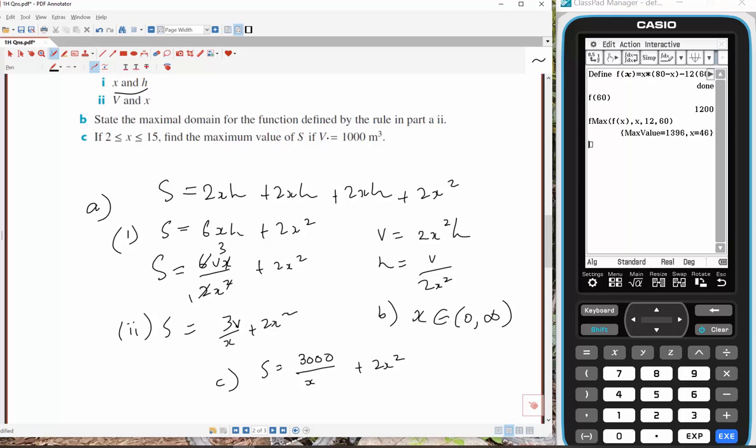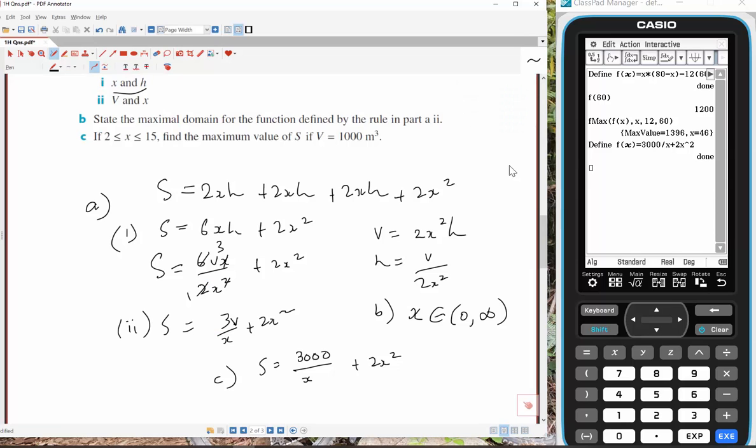What we want to do is find the maximum value between these two values. So again, I would define this as a function, 3,000 over x plus 2x squared, and let's just see how it's going to behave. This is like a hyperbola added onto a parabola.